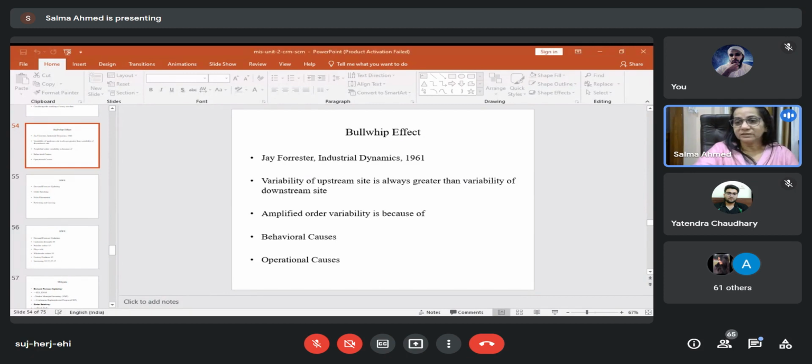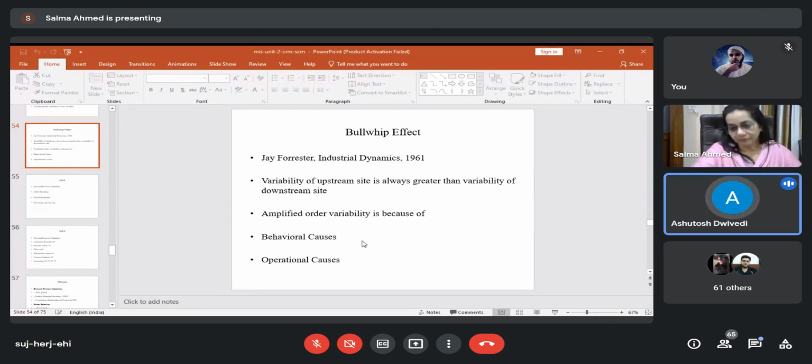Okay, to a large extent. I think Arma could answer. Operational causes do not include only manufacturing. They include all the operations, like calculating the demand or sourcing the raw materials. Every procedure involved in the whole supply chain or whole supply web comes under the operational causes.